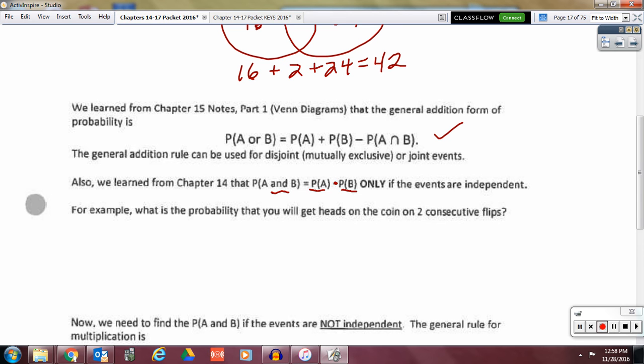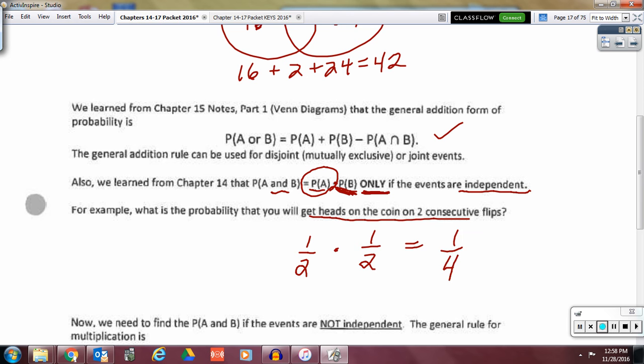All that you have had so far in your schooling is when the events are independent, meaning when A is occurring, it's not changing what happens next with B. So they are independent of each other, and you can just multiply them, like getting heads on 2 consecutive flips. What you get on the first flip does not affect what you get on the second flip, so you are just multiplying those 2 events to get the total probability of both happening.